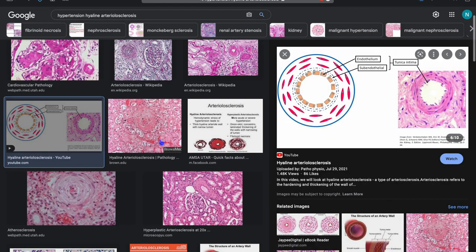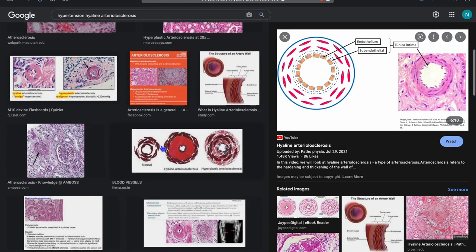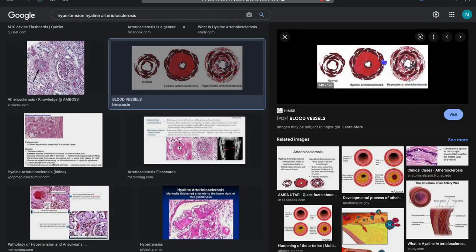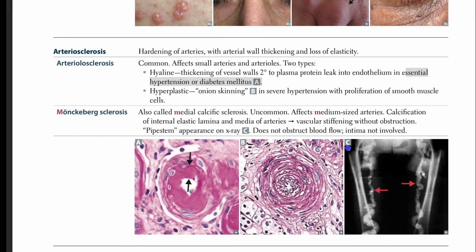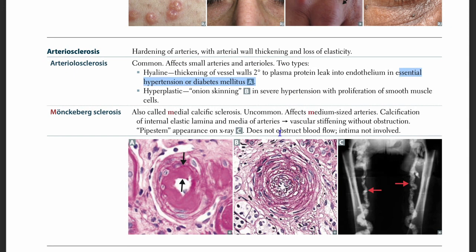Okay, that's the anatomy. So in hyaline arteriosclerosis, you only have thickening of the intima, but in hyperplastic, you'll have it in the whole thing, and it looks like an onion, right? Like that, right there, or right there. Okay. Hyperplastic onion skinning. That's this one.